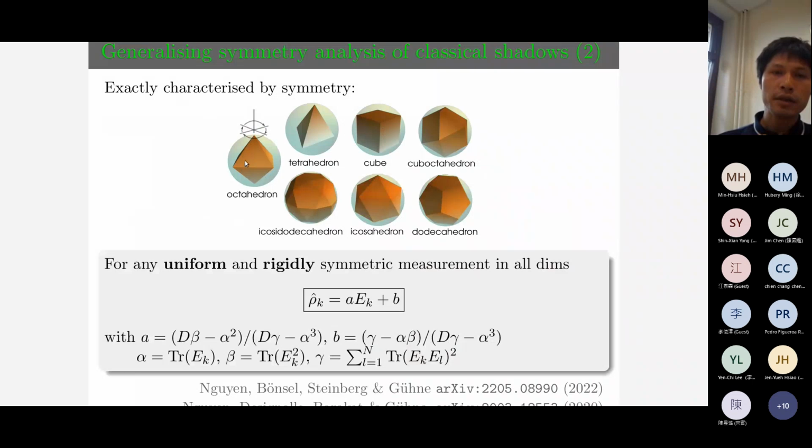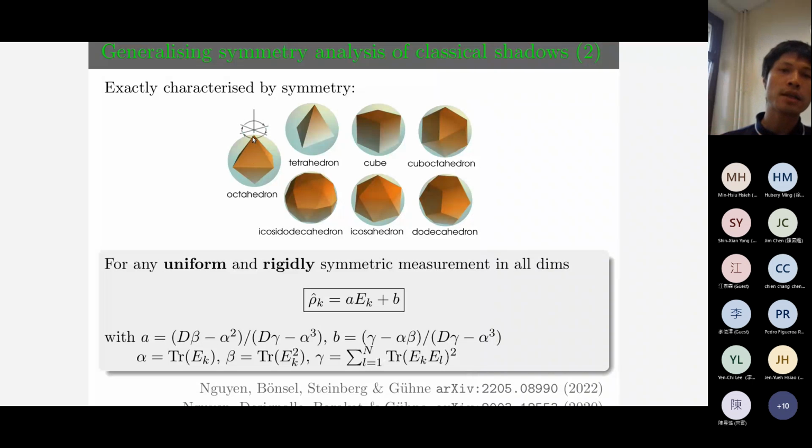And importantly, because this rotation fixes the vertex, it means that the effect you are associating here has to commute with all of these rotations. But something that commutes with all of these rotations can only be either the identity or the projection on this direction, the spin in the direction of this axis itself. This is the only possibility. So in general, the effect can only be a linear combination of the identity or the projection here.